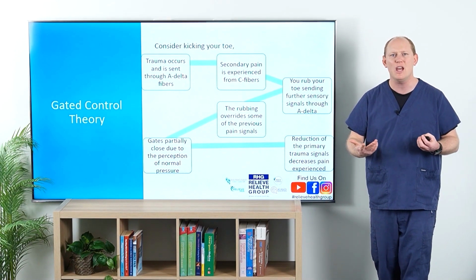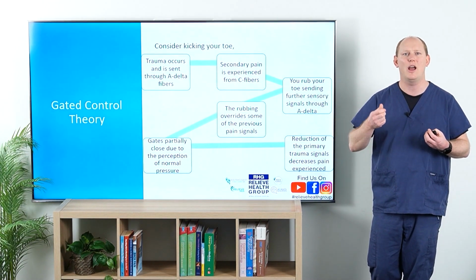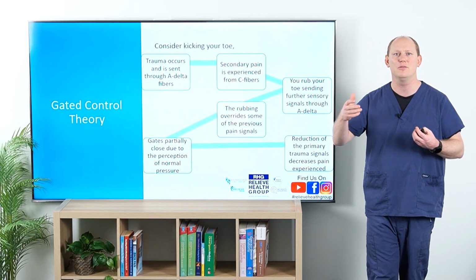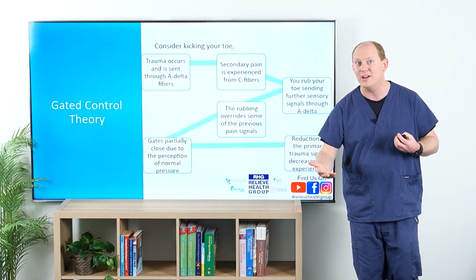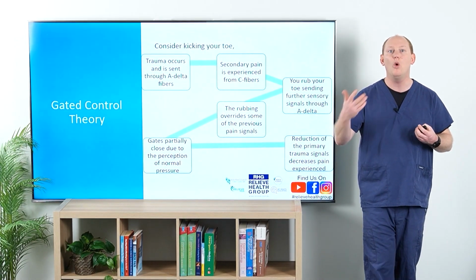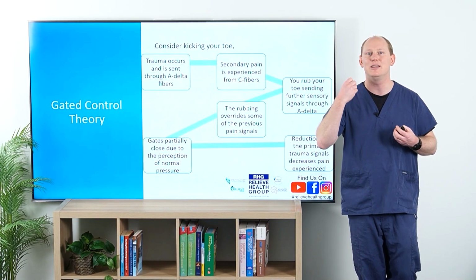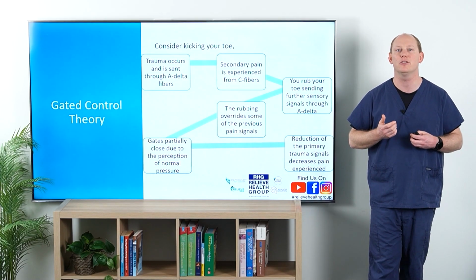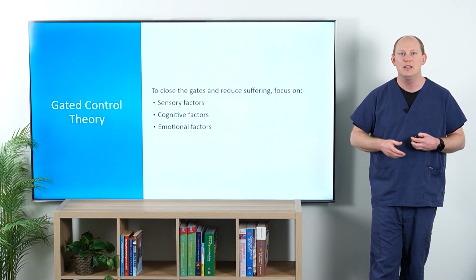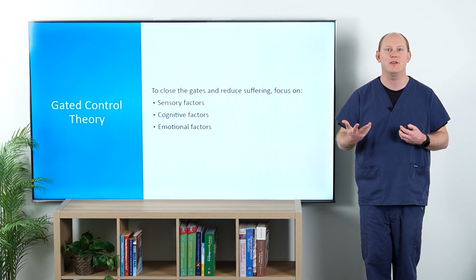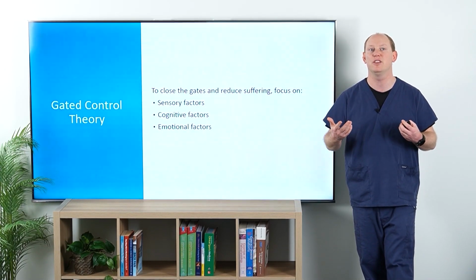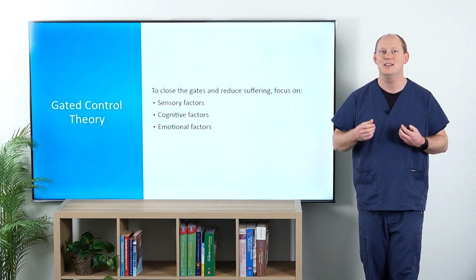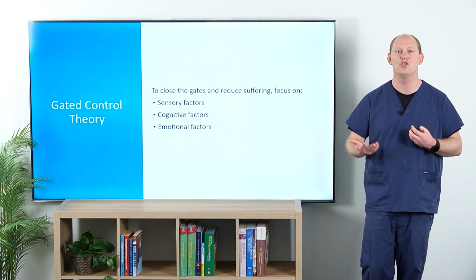Now we do this every day, little things: holding things, hitting our toe, kicking our toe, walking. We're looking at different distractionary pain signals to try and get us through the day in a lot of events there. Now, to close the gates and reduce suffering, we focus on three different things, in fact: the sensory, the cognitive, and the emotional.